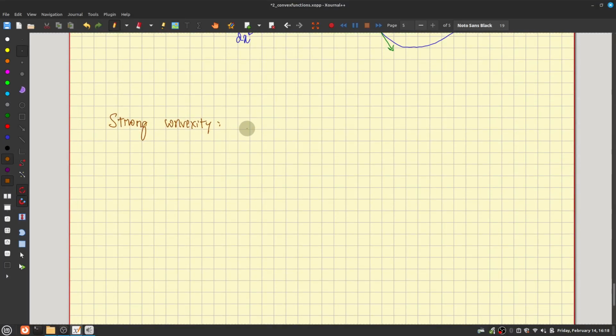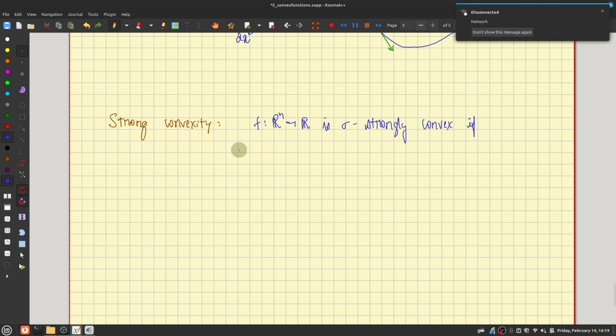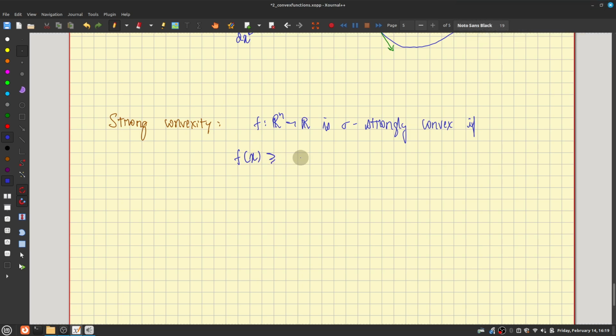So we'll say that a function, let's say from R^n to R, is sigma strongly convex if, again, it's a very natural notion, f(x) is greater than or equal to f(x_0) plus the gradient of f at x_0 transpose (x minus x_0), plus, essentially you think of it in terms of the second order Taylor series expansion, sigma/2 times the norm of (x minus x_0) squared.